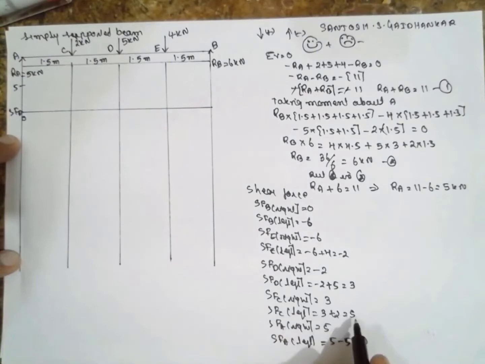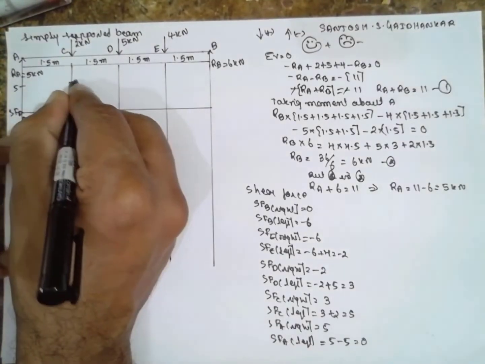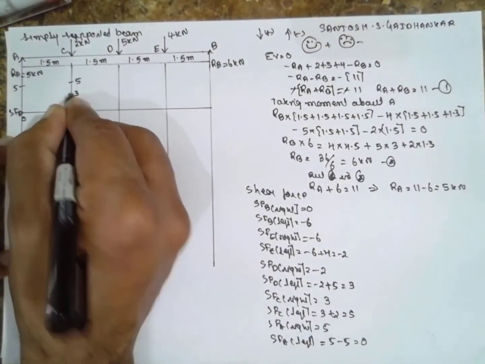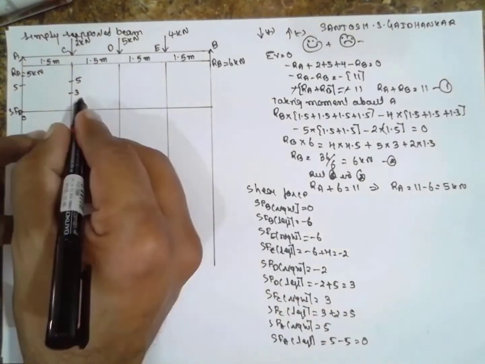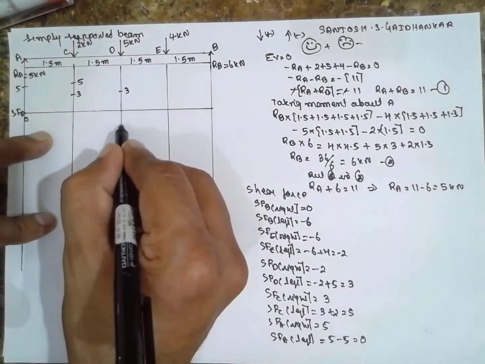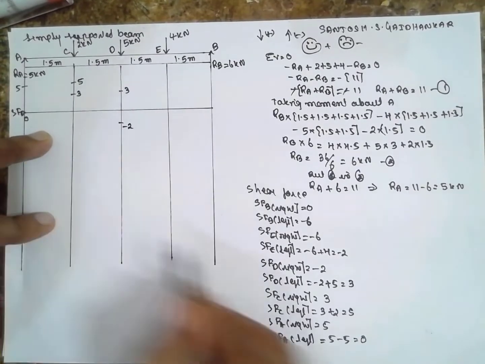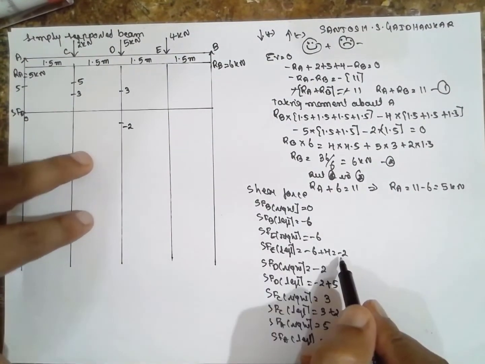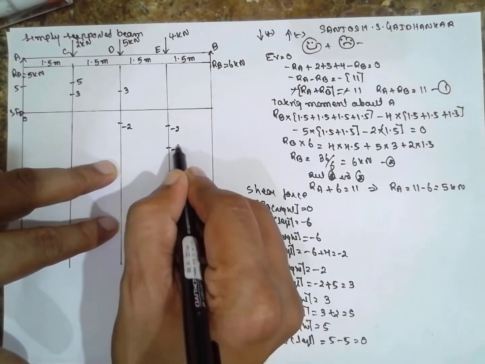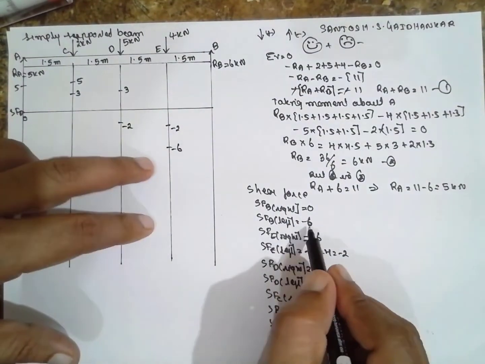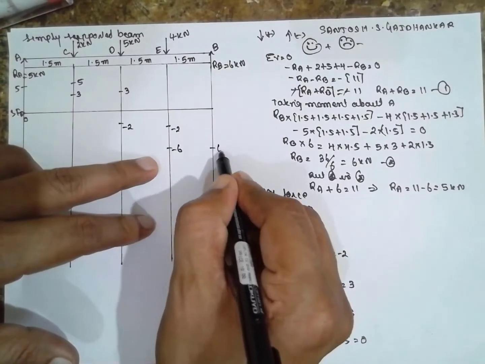At C there are two points, 5 and 3. At D again 3 and minus 2. At E minus 2 and minus 6. At B minus 6 and 0.